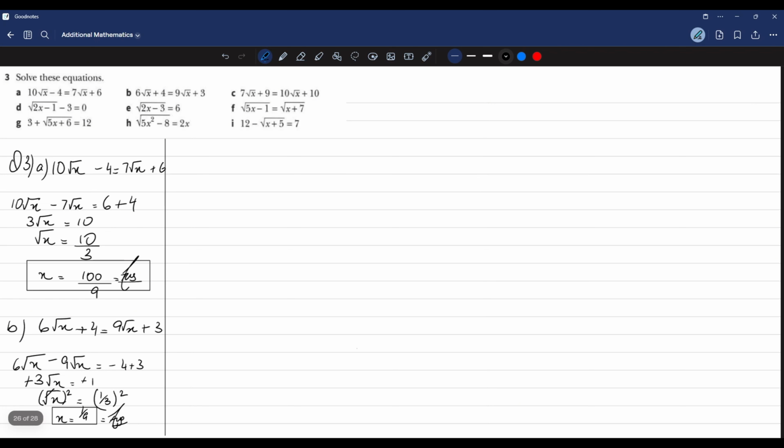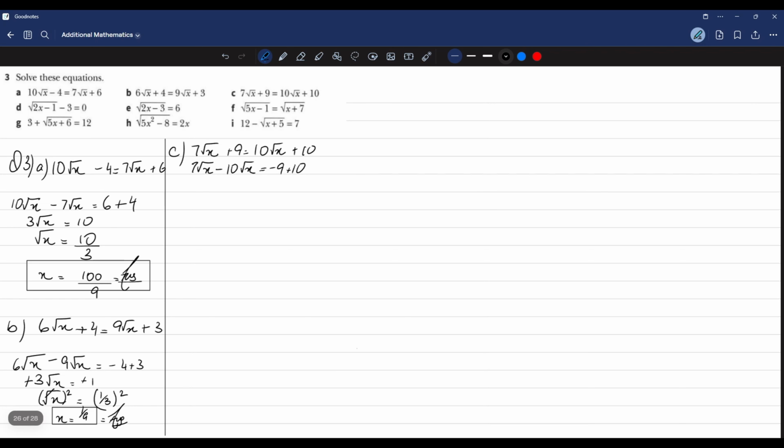For part C, we have 7 under root x plus 9 is equal to 10 under root x plus 10. Now again, the same process we've been doing till now. 7 under root x minus 10 under root x is equal to negative 9 plus 10.